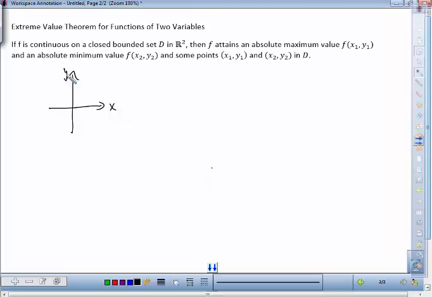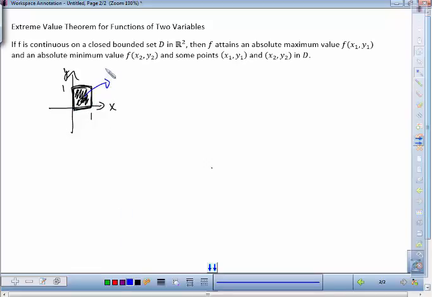And since we are using x and y as our variables, we can look at it on the xy plane. A region might be a square box over here. So this would be an example of a closed region.